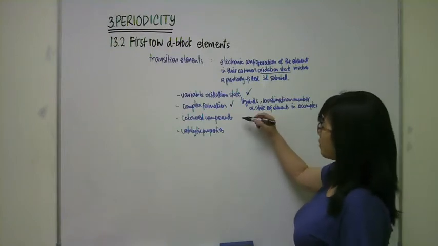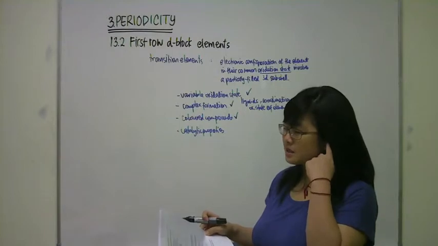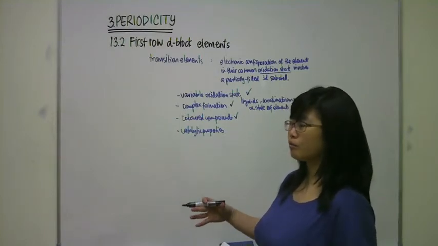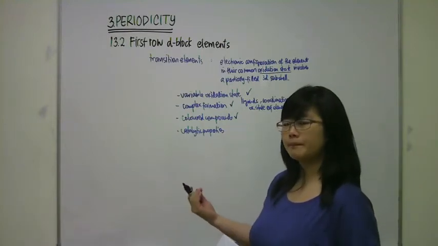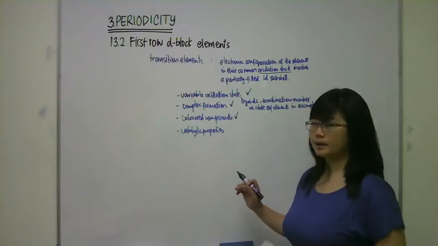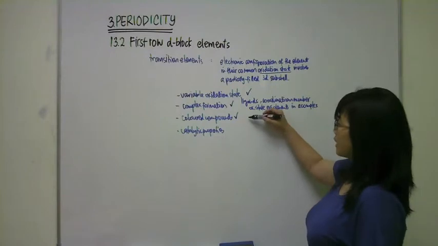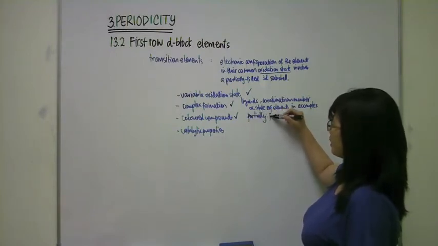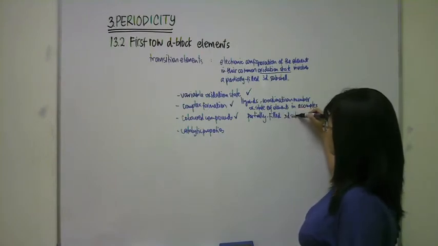And then colored compounds, it used to be the most asked question in this topic. Rather, why do the first row D block elements, why do transition elements form colored compounds? So you need to be able to teach your students how to do that. Some important points will include the partially filled 3D subshell.